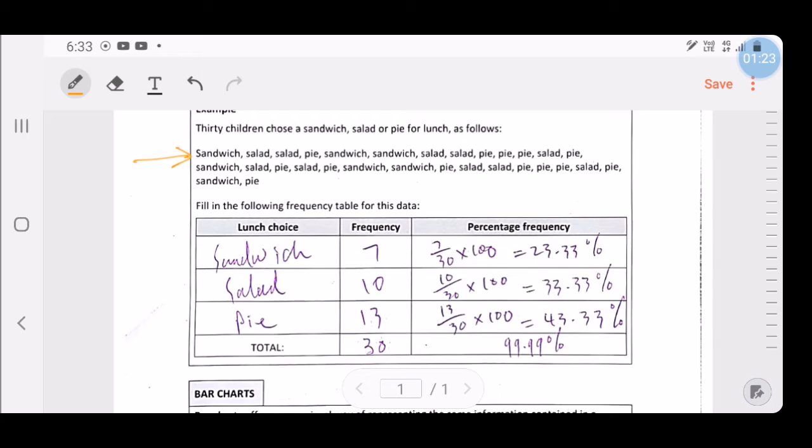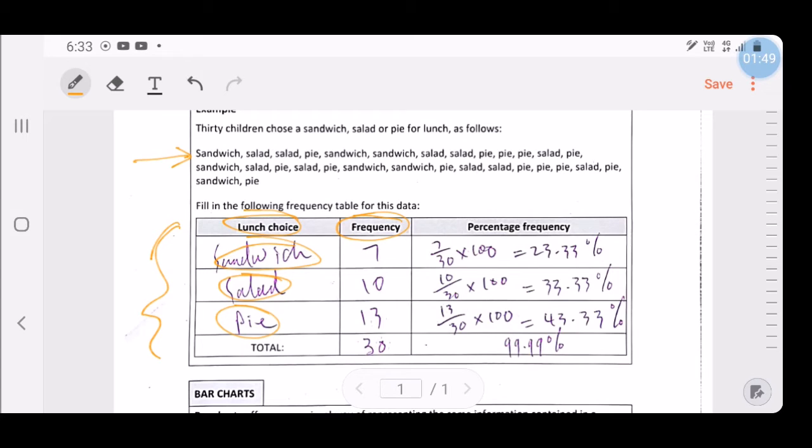All right. So here is our frequency table. Now, on the leftmost column, we put our categories. So sandwich, salad, and pie. They're the only 3 options. So that has the column heading lunch choice. Next to that, we have the column heading frequency.